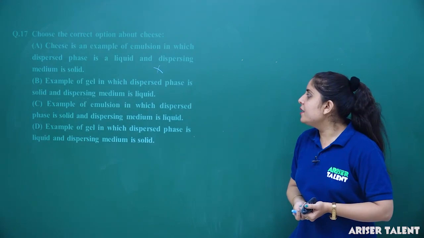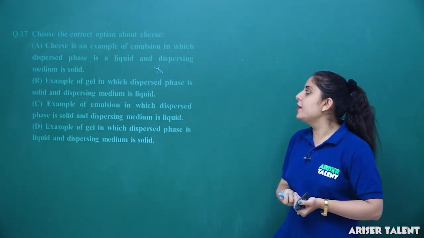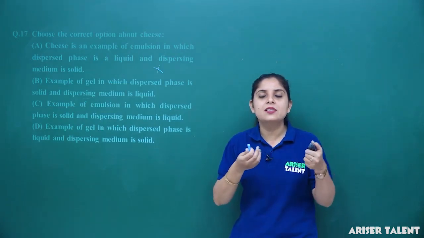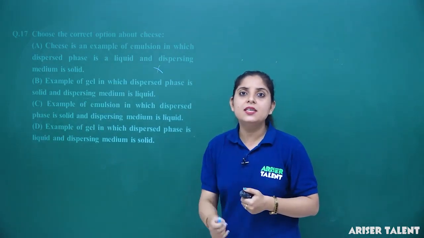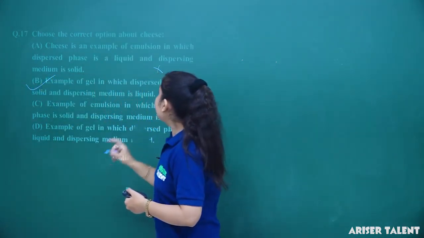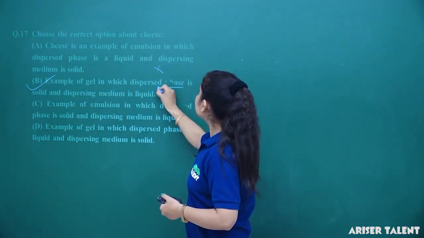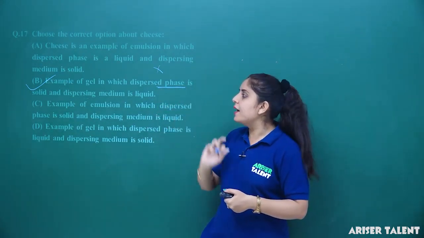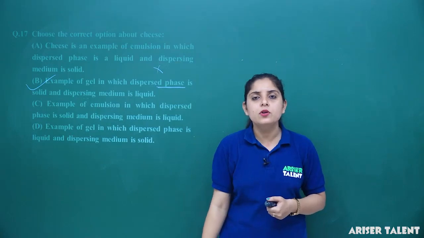Example of gel in which the dispersed phase is solid and dispersion medium is liquid. This is a correct answer, as we have discussed just now that cheese is a gel. So cheese is an example of gel in which the dispersed phase is solid. Solid is going to be dissolved in liquid, so I can say that cheese is an example of gel here.